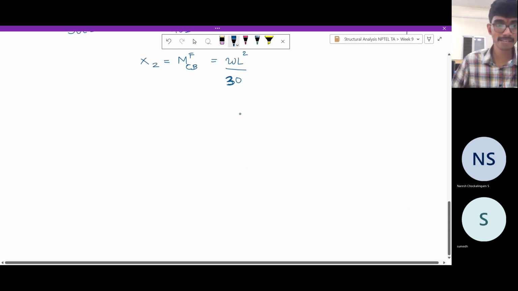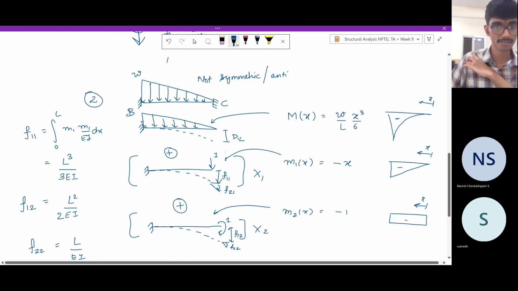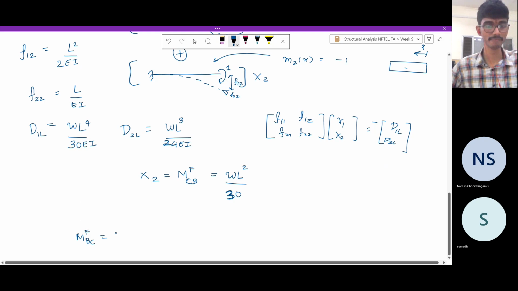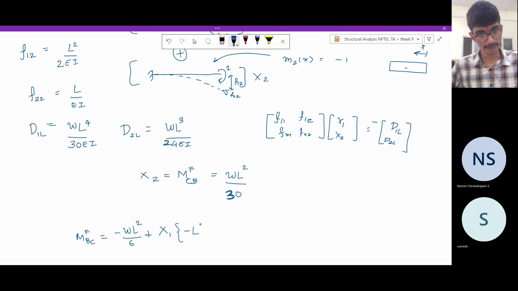And then how do you get MBCF? MBCF is nothing but, so whatever is caused here, just use equilibrium: minus WL square by 6 due to the applied loading, plus x1 into minus L, plus x2 into minus 1.